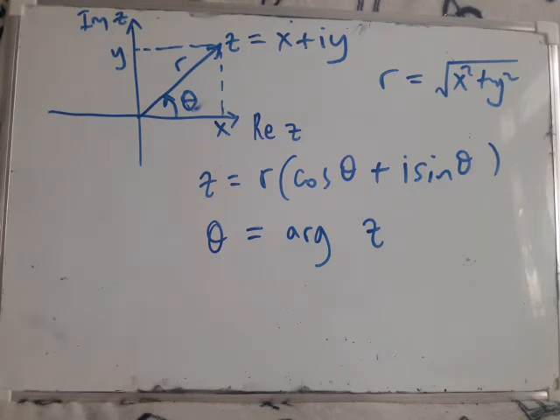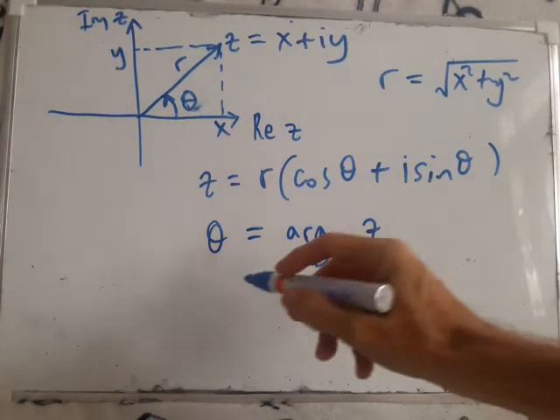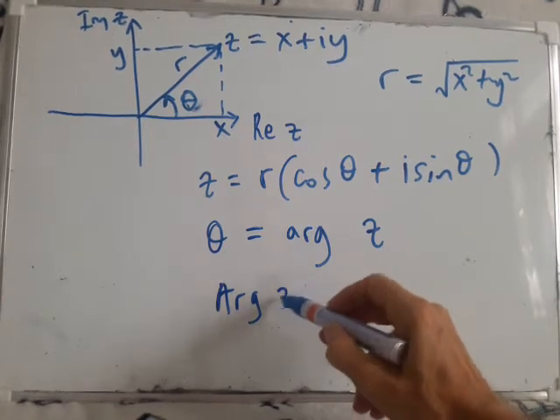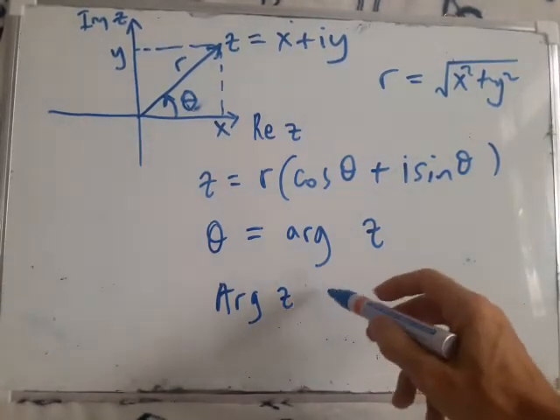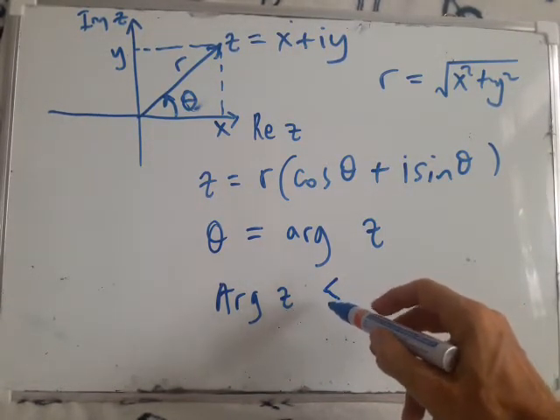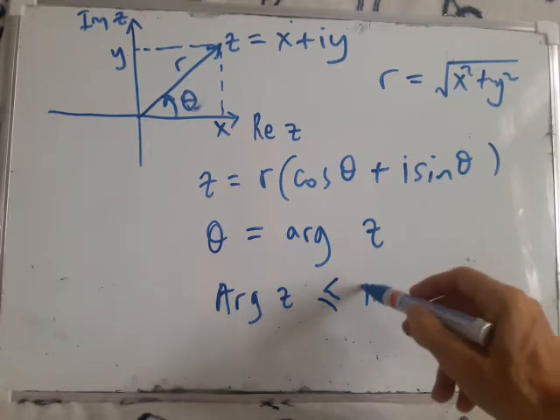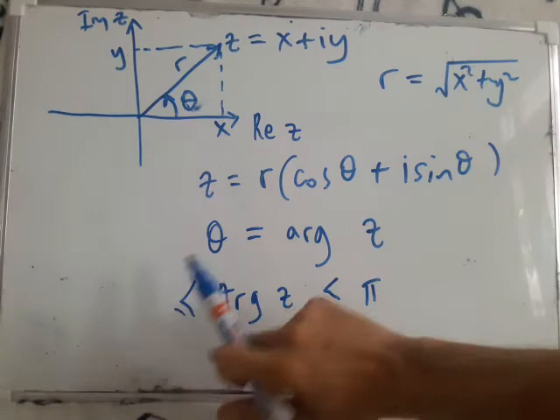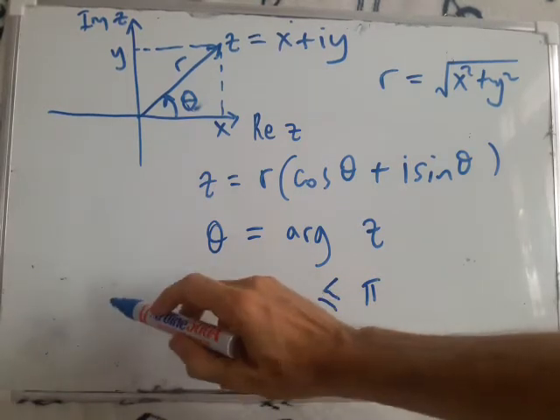So for that reason, there's something known as the principal argument, which is written as a capital ARG. We force the principal argument to lie between pi, if we're talking about radians, and minus pi.